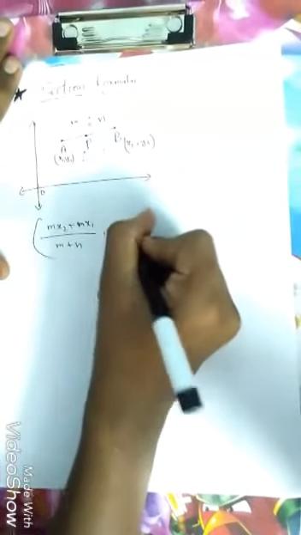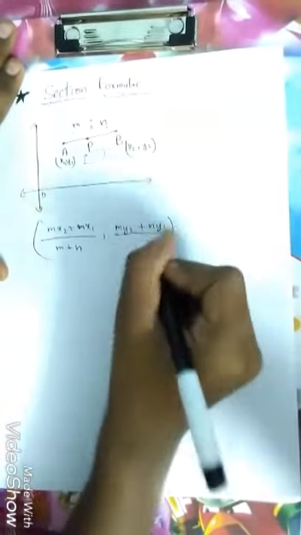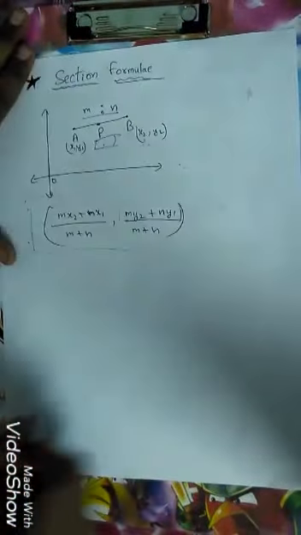This is the x coordinate, and (my2 plus ny1) by (m plus n). This is the y coordinate. So this is the section formula.